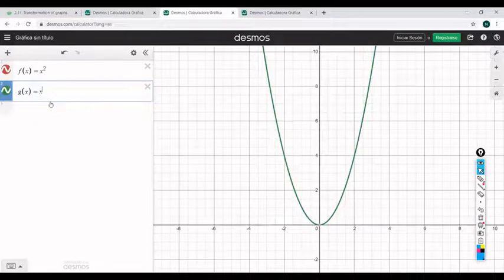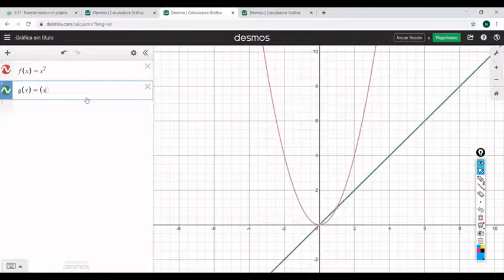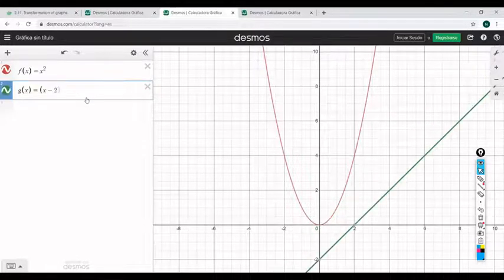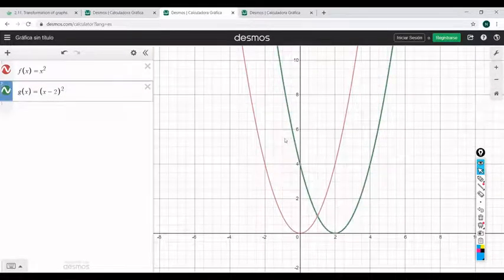Let me tell you what I mean by that. Instead of x squared, f of x is equal to x squared, I'm going to write this, x minus 2, squared.